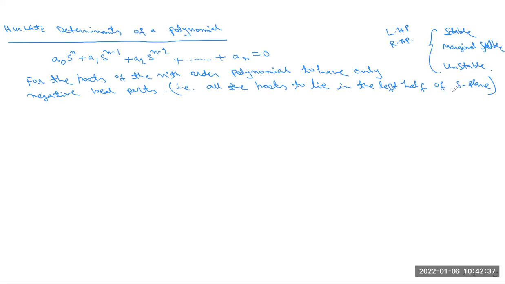Okay, so now it is required for the polynomial Hurwitz determinant, and this polynomial determinant we have to represent here as Dk. Okay, so this Dk is basically the Hurwitz polynomial determinants.